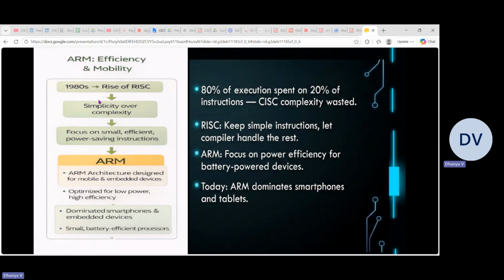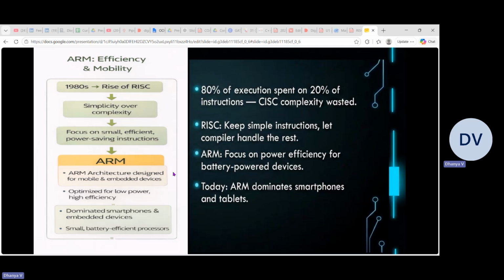RISC's entire motive is simplicity over complexity, which is the motive behind ARM architectures. RISC focuses on simple instructions, a smaller instruction set, easier pipelining, and faster execution.